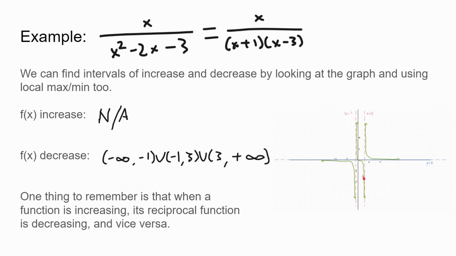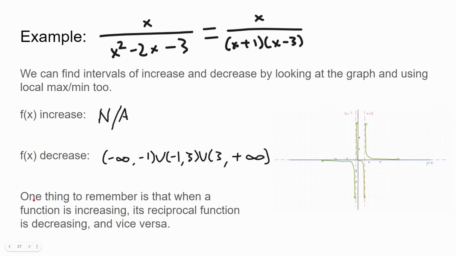It is constantly decreasing except for at the asymptotes, because there are no actual points on the asymptote. So we have to write it out. We have -infinity to -1, round bracket, so not including the asymptote, -1 to 3, not including the asymptote, and 3 to positive infinity. So that is when f of x is decreasing.